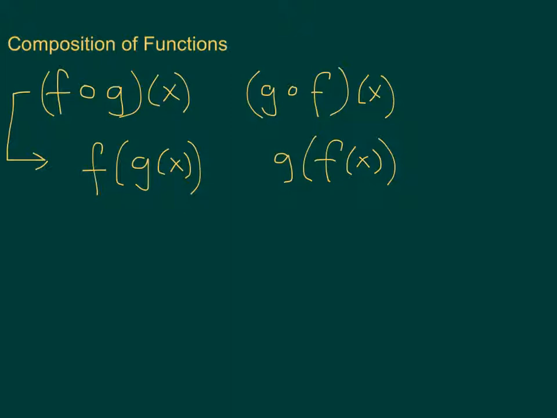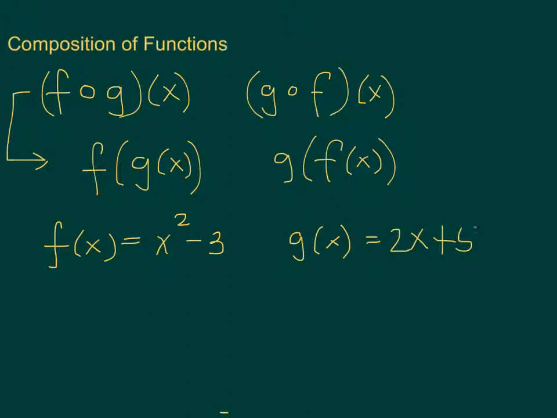The idea of composition of functions is mainly substitution. Okay, let's try to take some examples. Suppose I have f of x equals x squared minus 3, and g of x is equal to 2x plus 5.